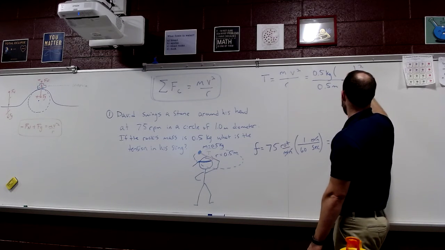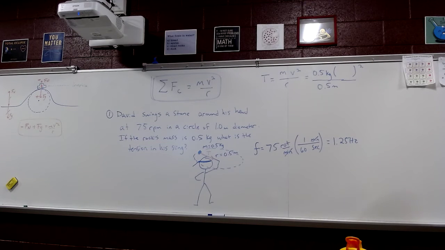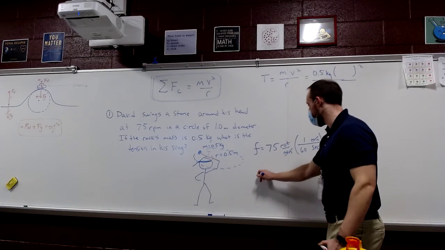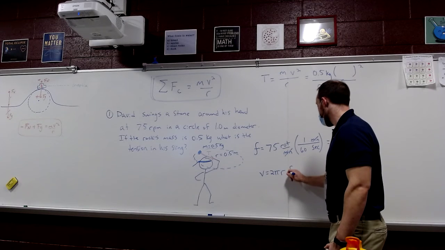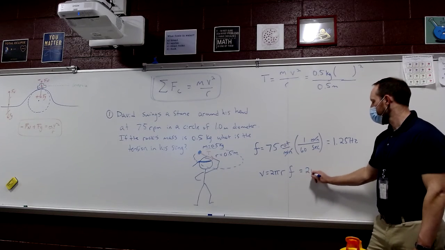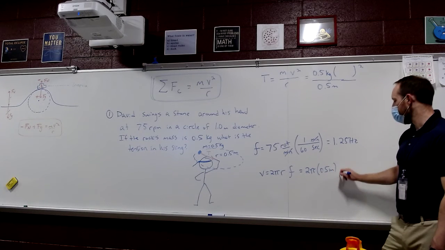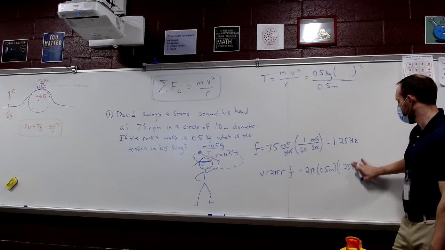And the only problem I have is I don't know the speed of the rock, but I do know its frequency. So we'll go back to our equation card. We have an equation for that. We've been practicing with this one already. Speed is 2 pi r times the frequency, so I can find the speed of the stone. 2 pi times 0.5 meters times 1.25 hertz.